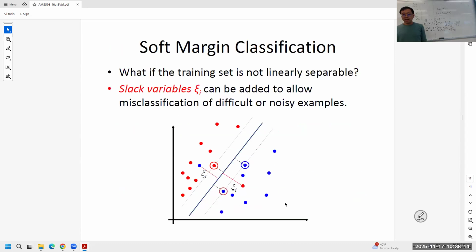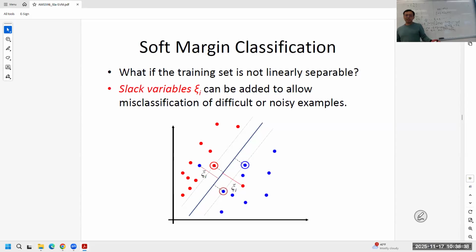Before we go there, let's talk about another topic, called soft margin classification. What if the training data is not linearly separable? Until now we worked in an ideal scenario where the two groups can be perfectly separated.